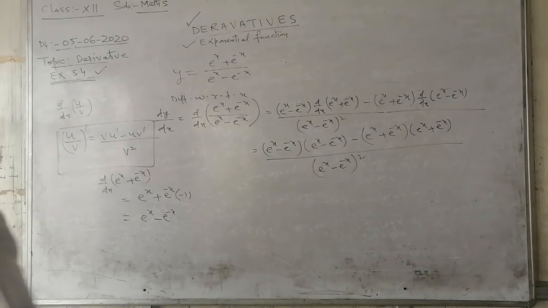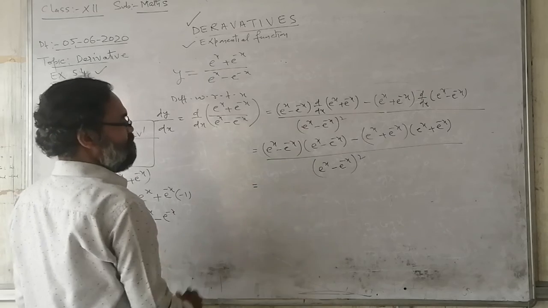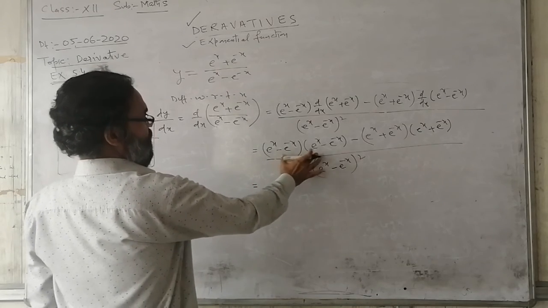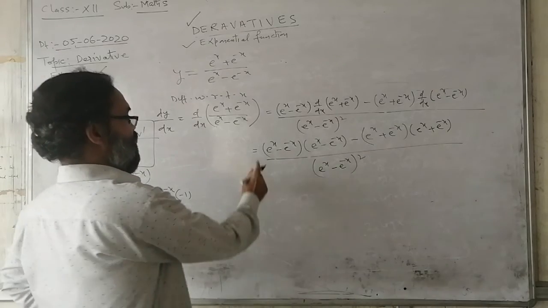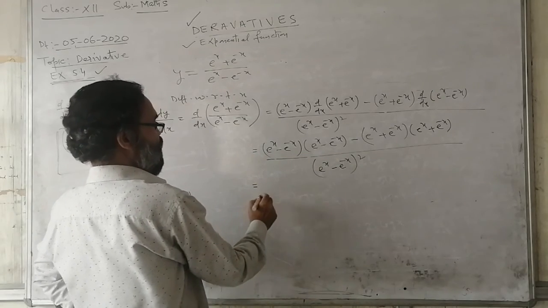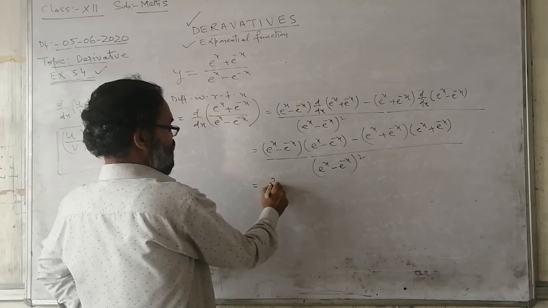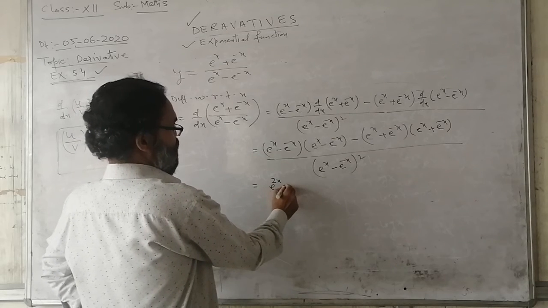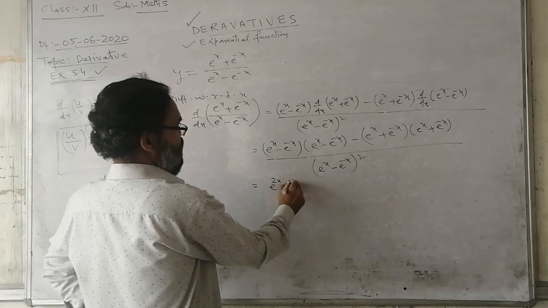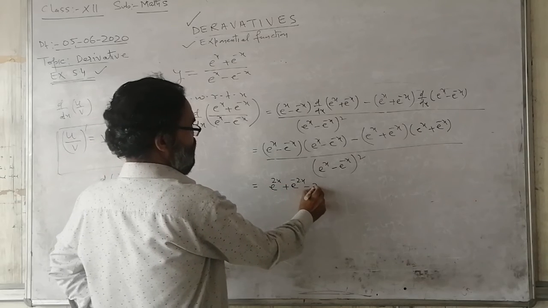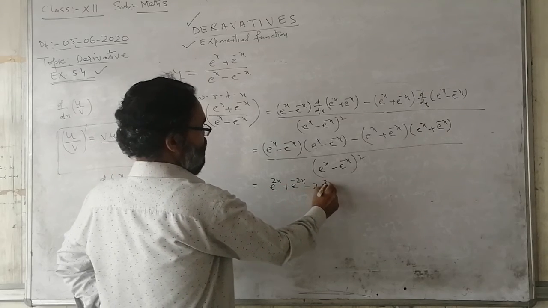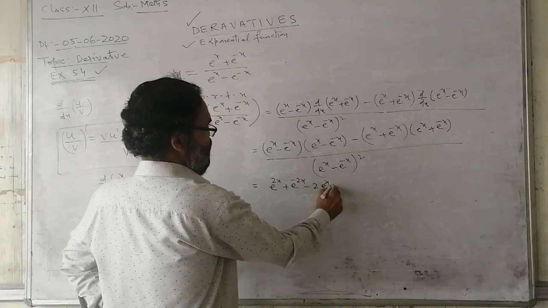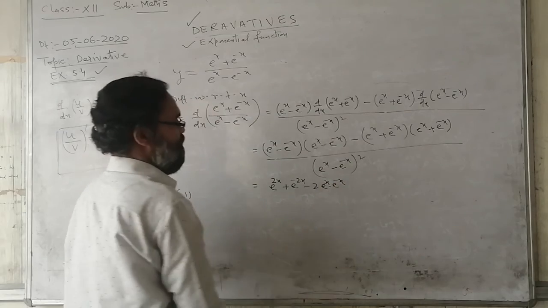So this will equal... I can multiply this. This multiplied by this will equal e^2x plus e^-2x plus 2 e^x e^-x.